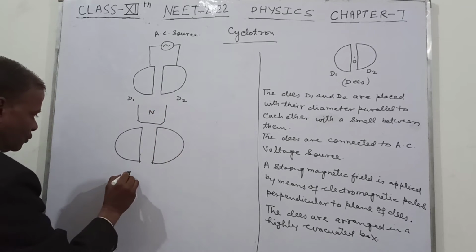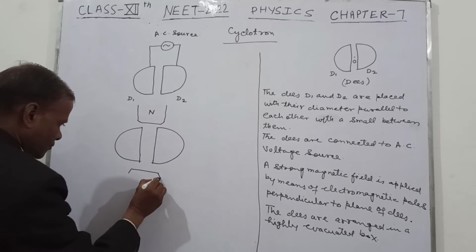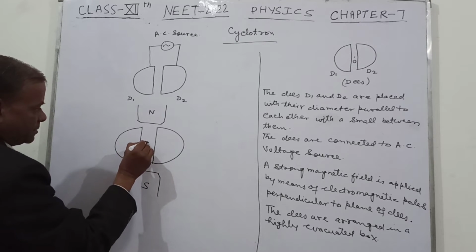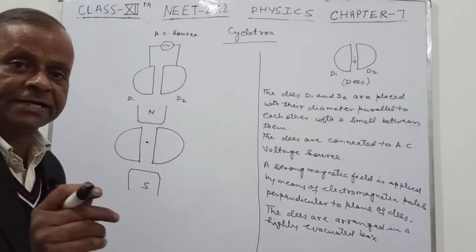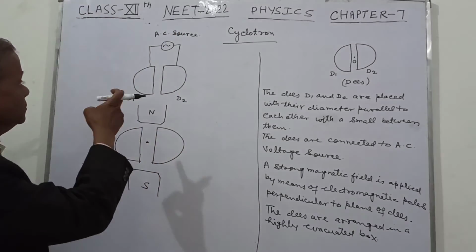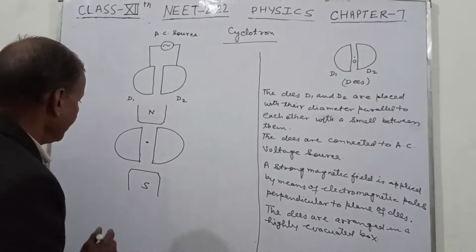This is north pole and this is the south pole. Suppose this is the center, the ion is injected at the center and the RF field is applied on this disk.